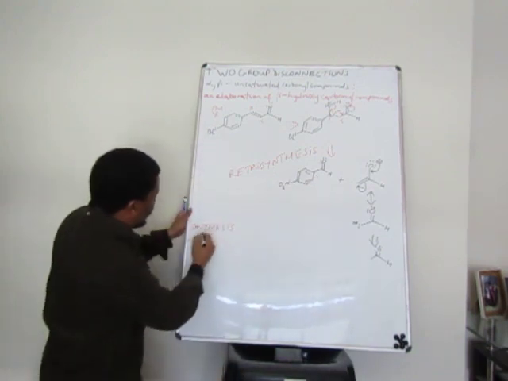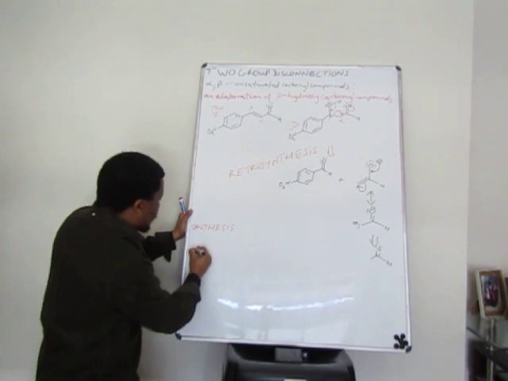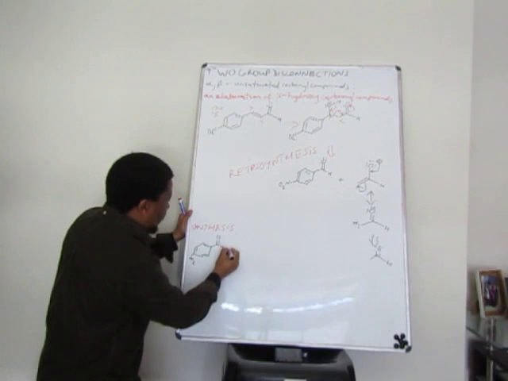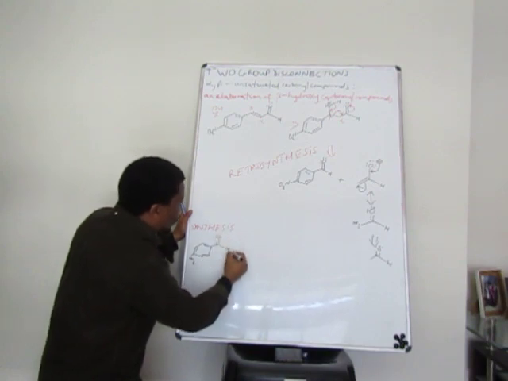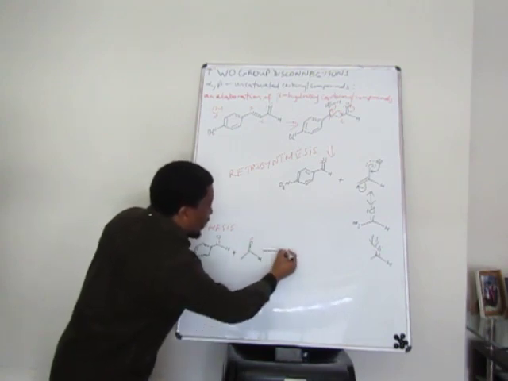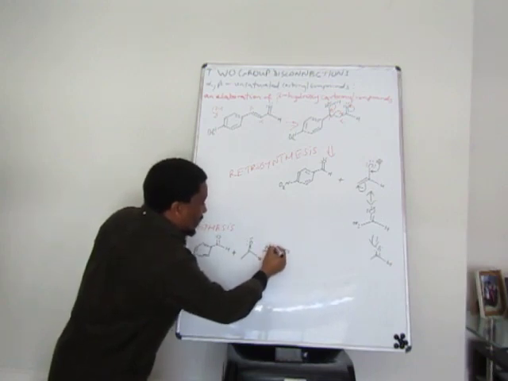In this reaction, this is what I have as my smaller molecular components: NO2, double bond, H, plus this here, double bond O, hydrogen, this is CH3, in the presence of a base.